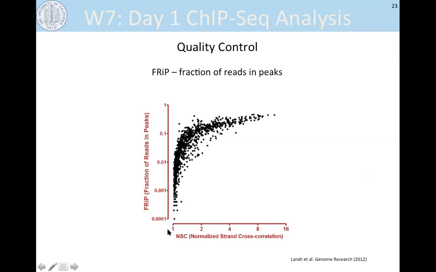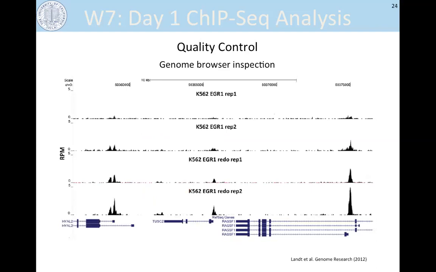But one thing that proves that it is somewhat useful is that a higher normalized strand cross-correlation value seems to correlate with a better FRiP value. But again, I think personally, the best way to assess if your data set is going to be useful to you is just by looking at the data.